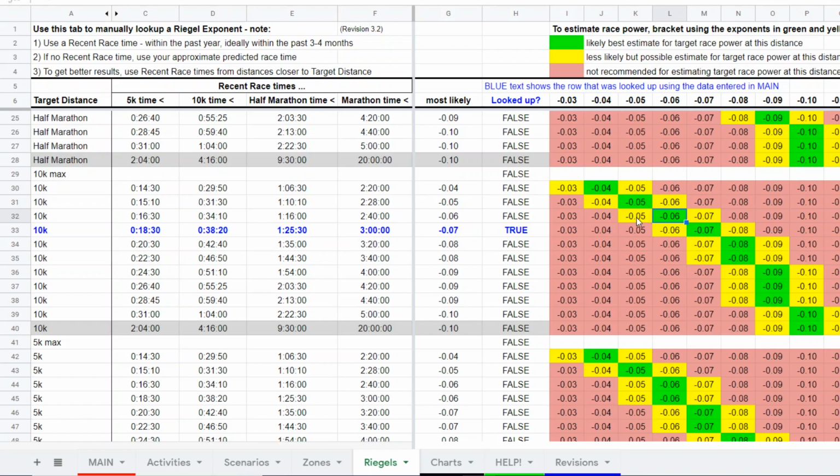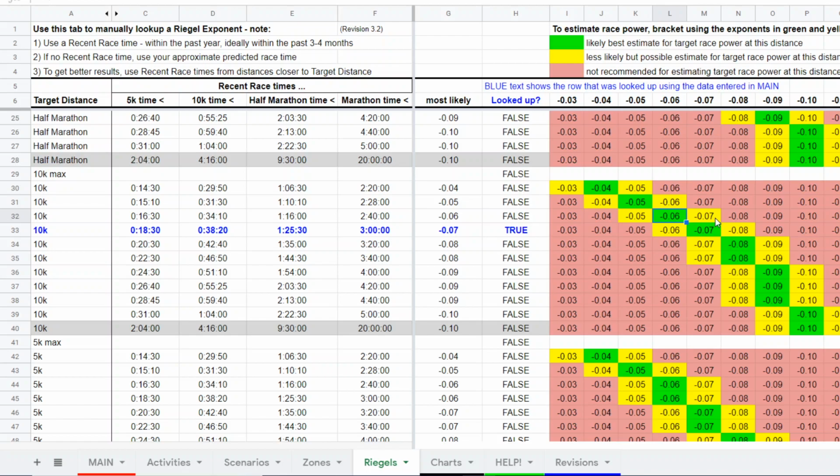And it's possible that he could be minus 0.05 and minus 0.07. Keep in mind, Riegel exponent is like a fatigue factor. The greater your fatigue resistance, the lower or the more positive the number. So greater fatigue resistance, then maybe this works.